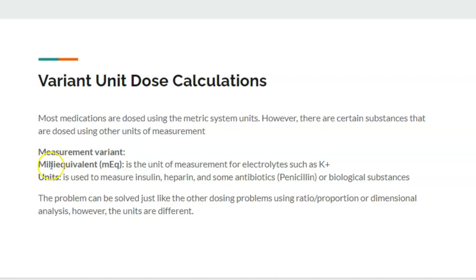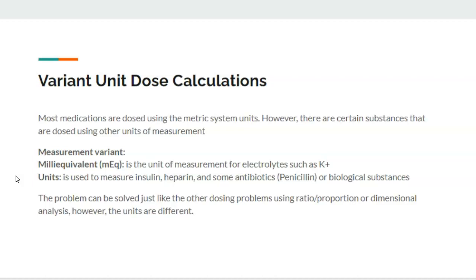So sometimes we have milliequivalents, which is used to measure electrolytes, such as potassium, a common one we use. Usually they give you the milliequivalents. You usually don't have to figure it out. If you needed to figure it out, you'd have to know the atomic weight of it and the molarity or the millimoles and all that. And we are not going to require you to know that.